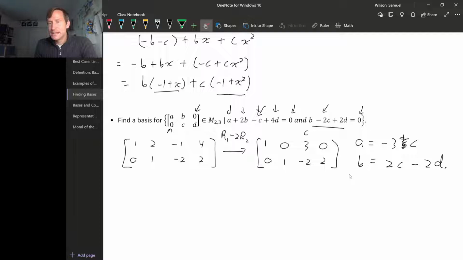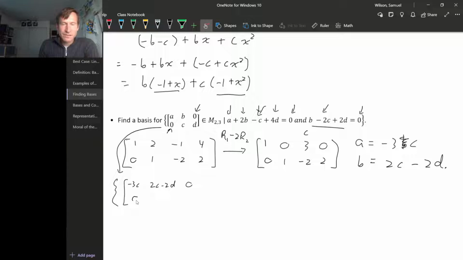Now that we have non-free variables written in terms of free variables, we can re-express what this matrix looks like. So this collection of matrices is the collection where A has to be -3C, B has to be 2C minus 2D, and then 0, 0, C is free, and D is free.